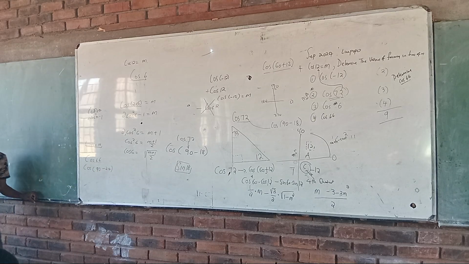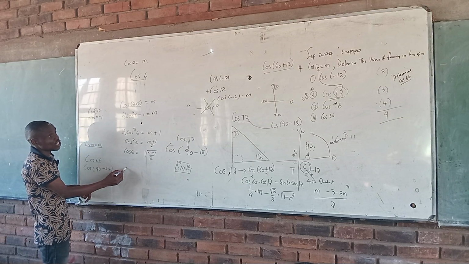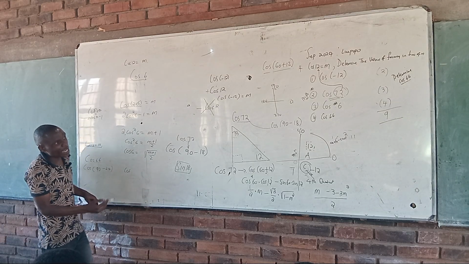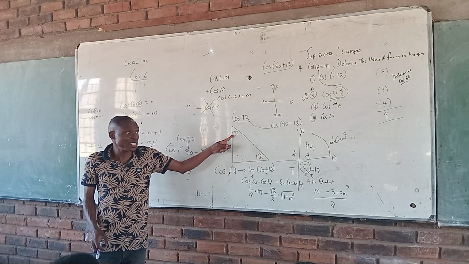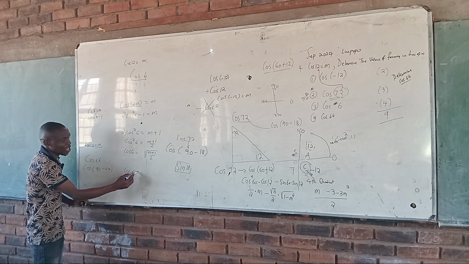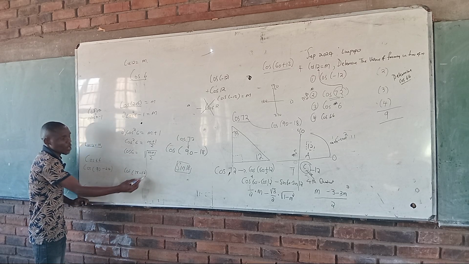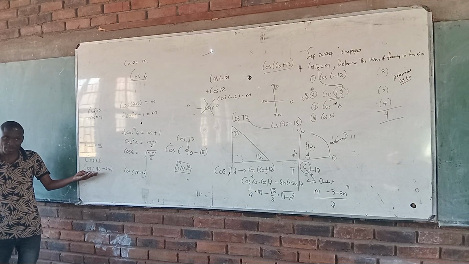You agree with me? 66 is 90 minus what? 24. That's one of the approaches. The other approach, you could have said, in the triangle you have got 78, you have got 12. So you can say 78 minus 12 will still give you 66. But I will prefer this one.